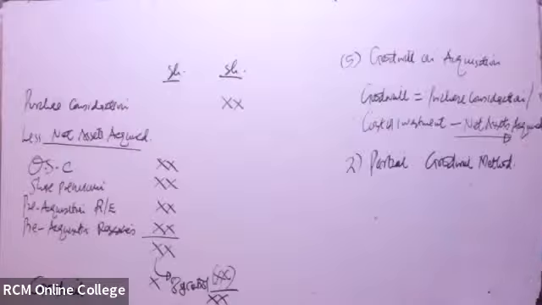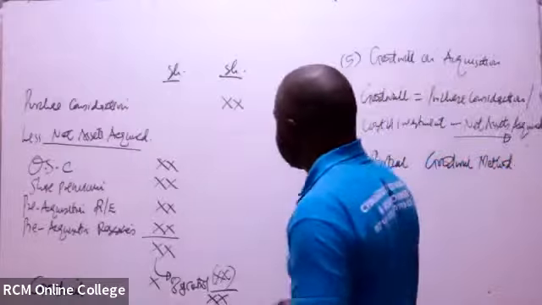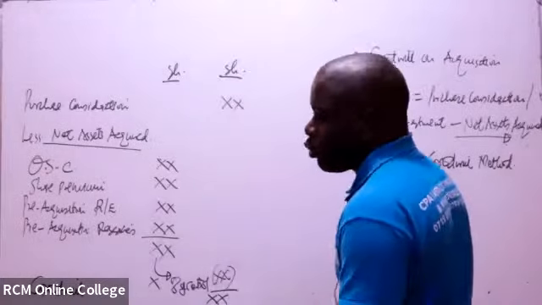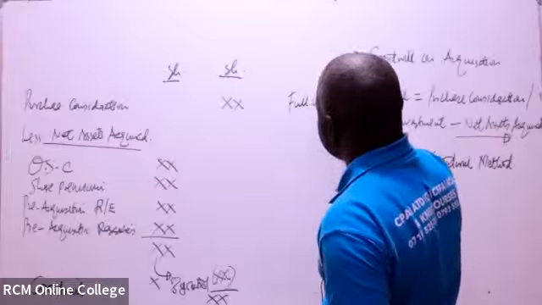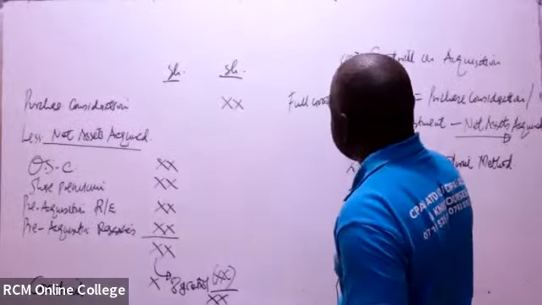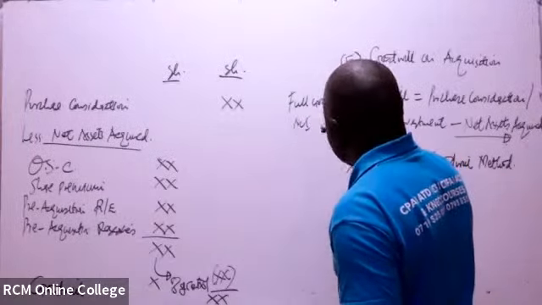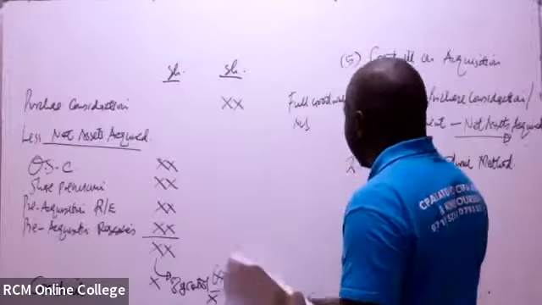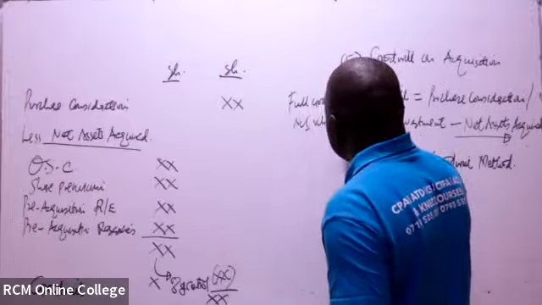If the examiner wants you to use the partial method, then in the additional information, remember for full goodwill, I've told you, you'll see the examiner saying NCI was measured at fair value.